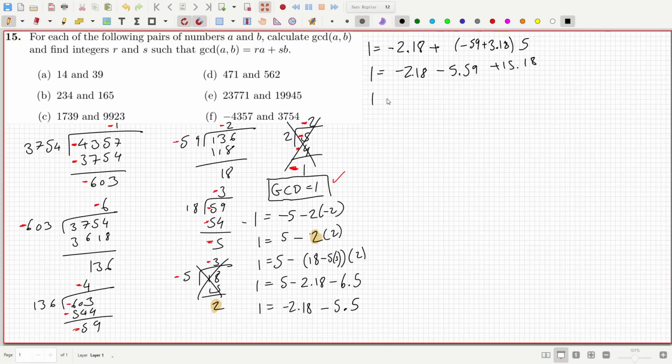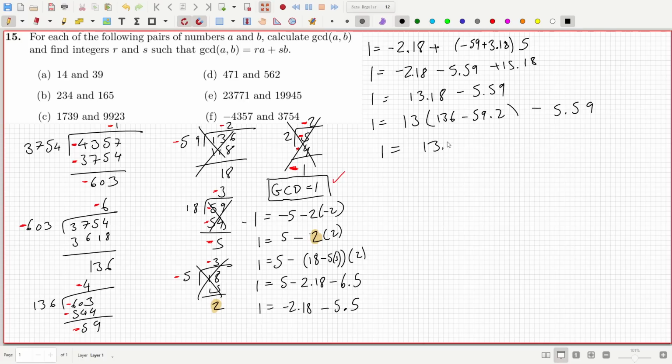So that's 1 equals 13 times 18 minus 5 times 59. So replacing the 18 now. 18 is 136 minus 59 times 2 minus 5 times 59. That's the 136 I need to replace next.